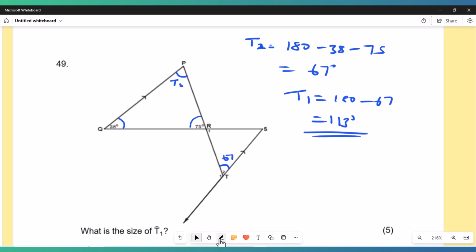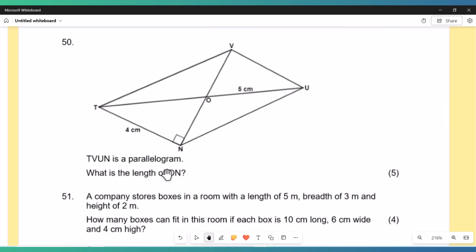Next question here. What does it say? It says that this one is a parallelogram, length of ON, okay? Now in a parallelogram, the diagonals bisect each other. Now this one here being 90 and this one being 4 centimeters, okay? So I'm looking for the length of ON. What do we do here, guys? This one being a 5, it must be 5 here as well, right?